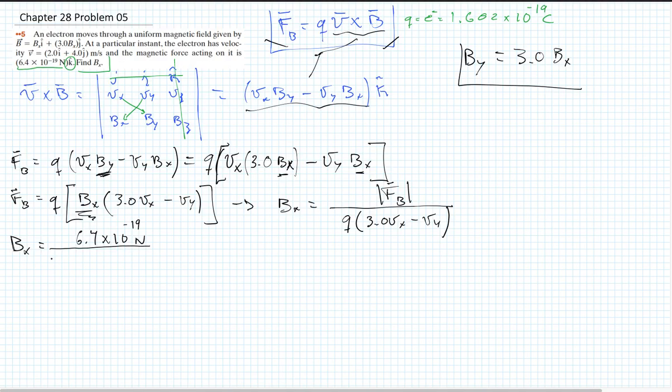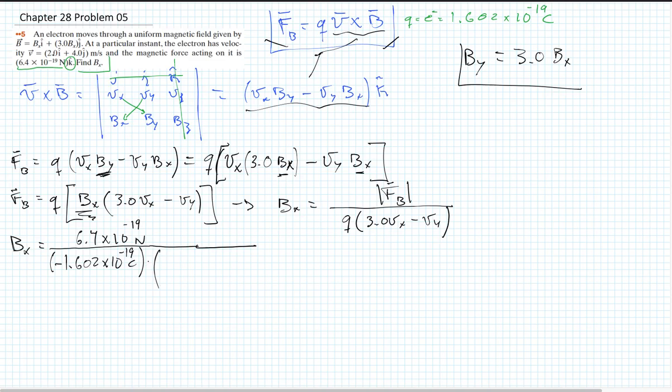The charge here will be negative 1.602 times 10 to the minus 19 coulombs, and times what, guys? 3 times Vx.